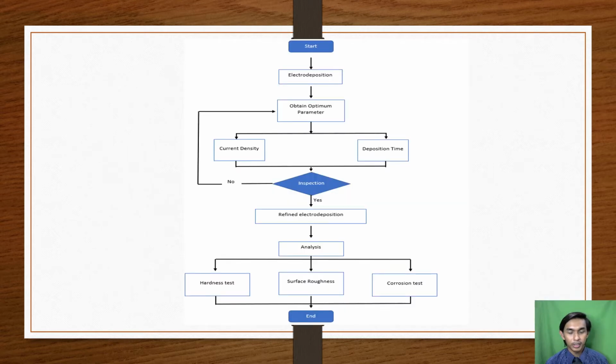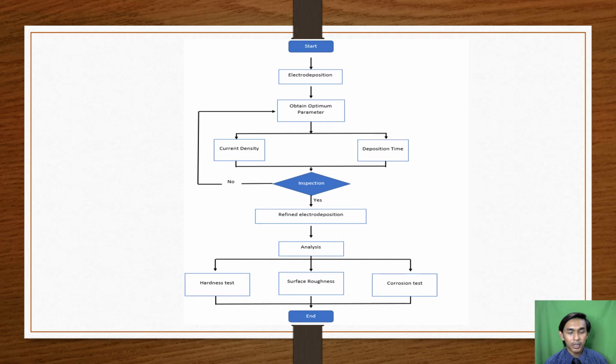Okay, for the chart, we can see that to run the electrodeposition process, the optimum parameters must be obtained first so that the process can be run. The parameters are current density and deposition time. If we get the actual parameters, we can proceed to the inspection and refine the electrodeposition.